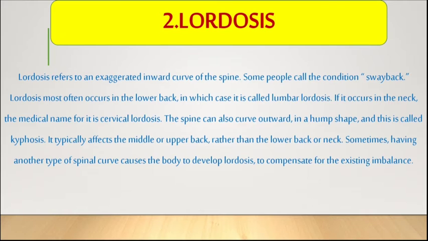Lordosis most often occurs in the lower back, in which case it is called lumbar lordosis. If it occurs in the neck, the medical name for it is cervical lordosis.